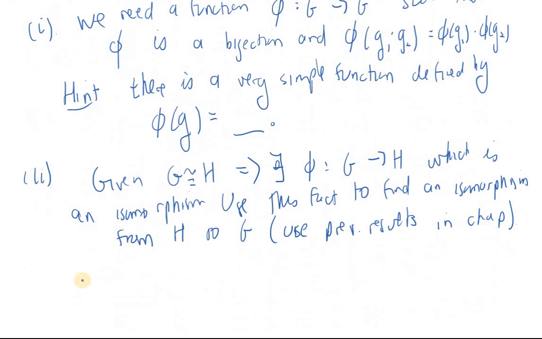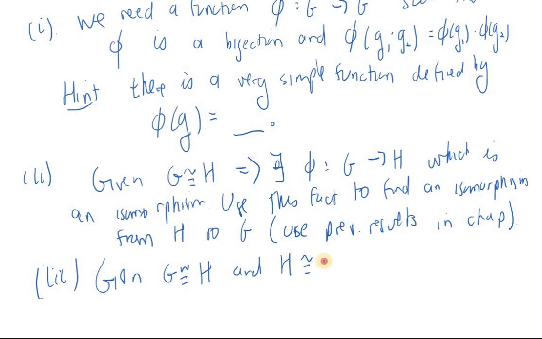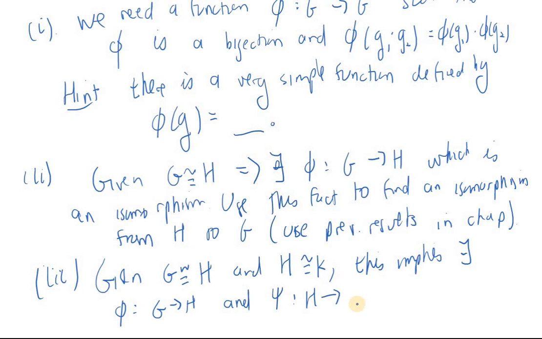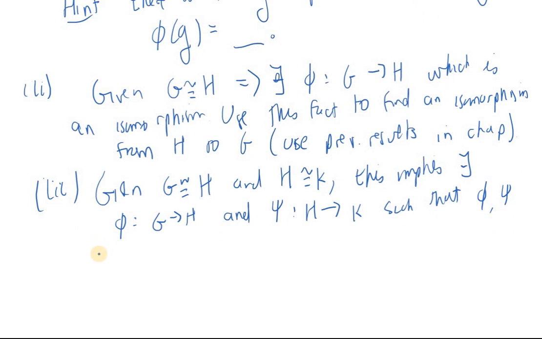And part 3 is similar. You're given G is isomorphic to H and H is isomorphic to K. That implies there exists a phi from G to H and a psi from H to K such that phi and psi are isomorphisms.